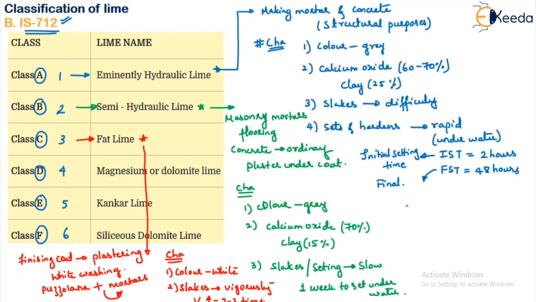Okay, and the third important point here is the calcium oxide is in the range of 93% and the clay is in the range of 5 to 7%. So this is the third type of lime.